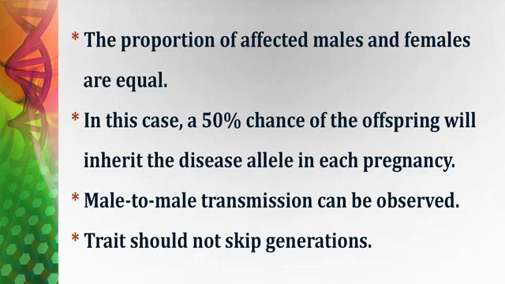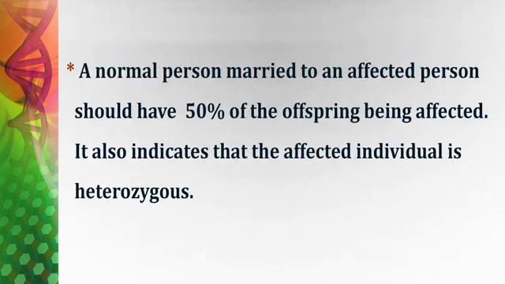Male to male transmission can be observed. Traits should not skip generations. A normal person married to an affected person should have 50% of the offspring being affected. It also indicates that the affected individual is heterozygous.